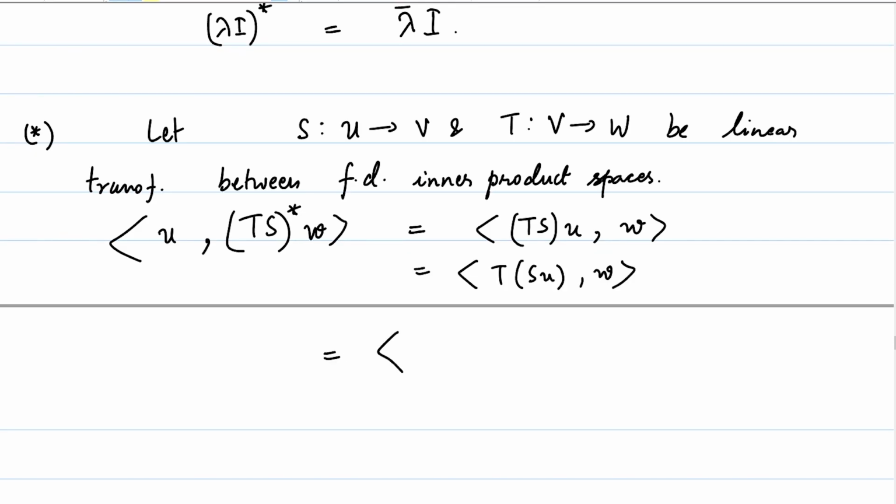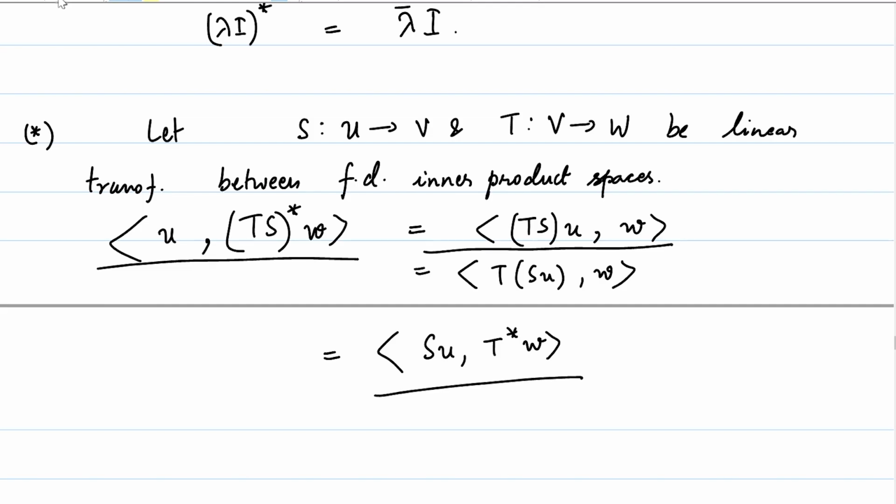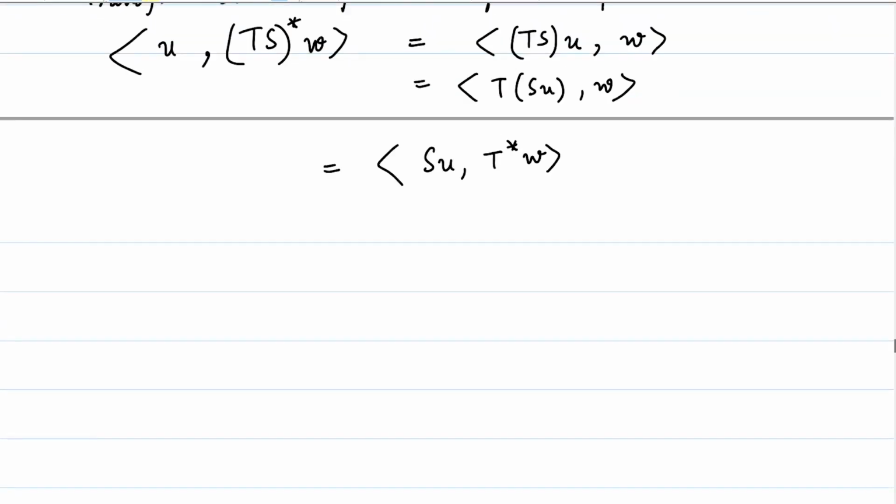I'm going to use the property of the adjoint to say that this is equal to ⟨SU, T*W⟩. Notice that this is an inner product in capital V. So we started off with an inner product in U. This is an inner product in capital W. This is an inner product in capital V. So we are shuttling between these inner products in a very smooth manner.